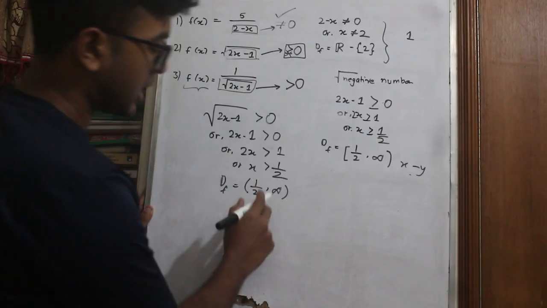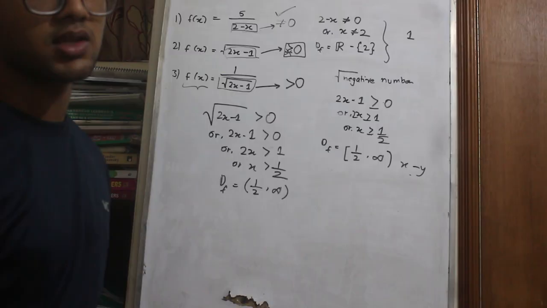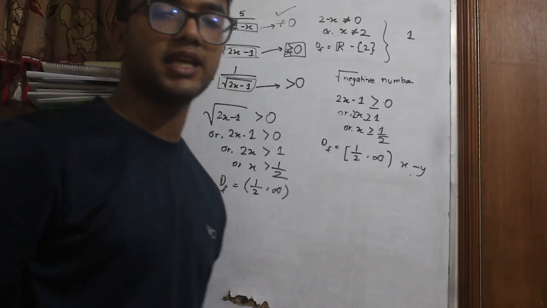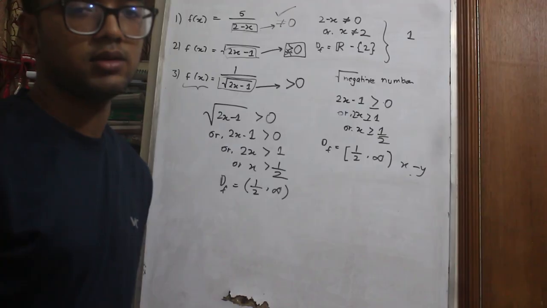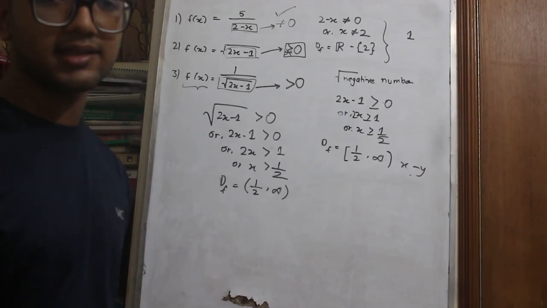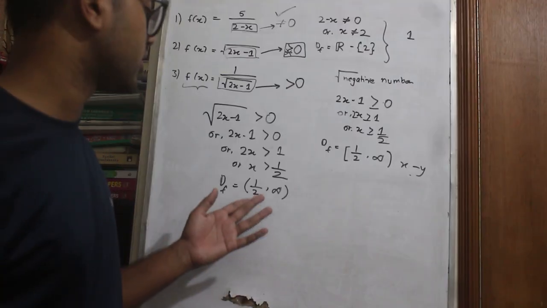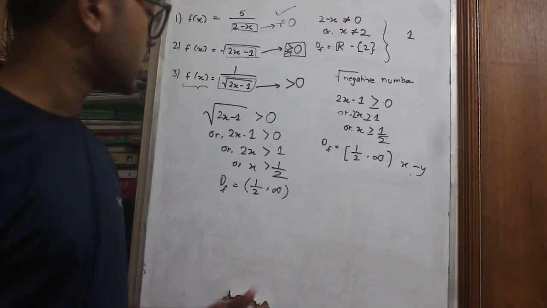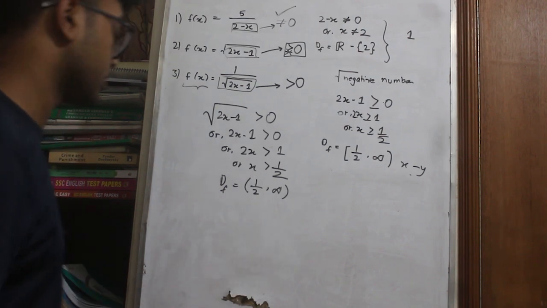You may be asking, why do we put the round bracket at infinity? Because we cannot define what infinity actually is, where it ends. So no matter what number we say, it's not going to be exactly infinity, or it cannot include infinity itself. So it's quite an abstract concept, so we put the round bracket for this.